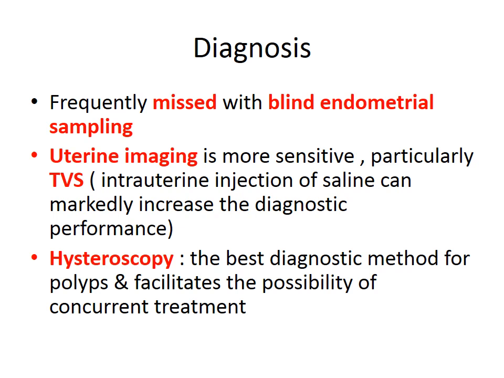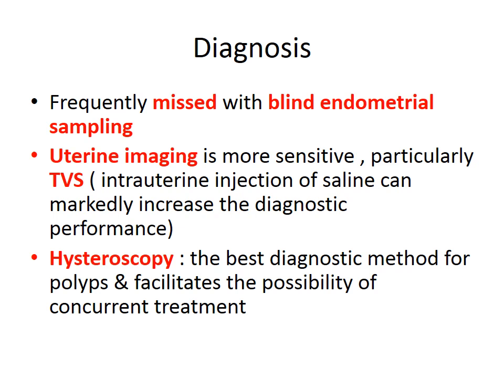How can these polyps be detected? That is to say, how can these polyps be diagnosed? Of course, using blind methods, for example blind endometrial sampling, most of these polyps are frequently missed.